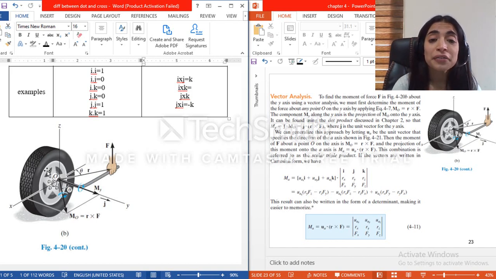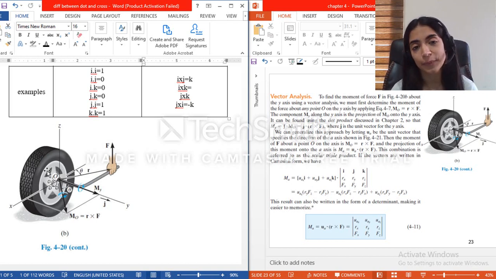So why should I find the projection? Because basically if I know the moment of a force around O, and this moment is of course a vector, and I need to find the moment around any axis, I can find the projection of the moment around O on this axis.